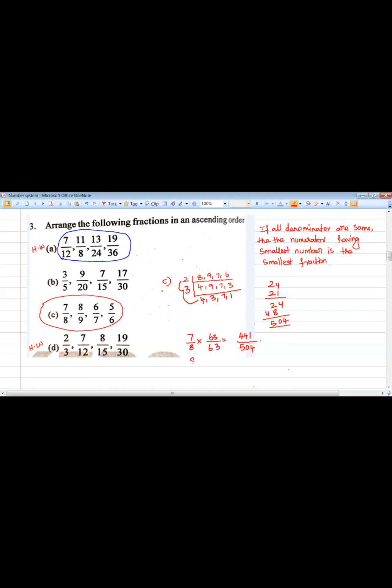Then what about 8 by 9? How many times should we multiply? 5 9s are 45, 6 nines are 54. Very good, Rishikesh. 56. Now multiply 8 into 56. Have you got this? 448 by 504.